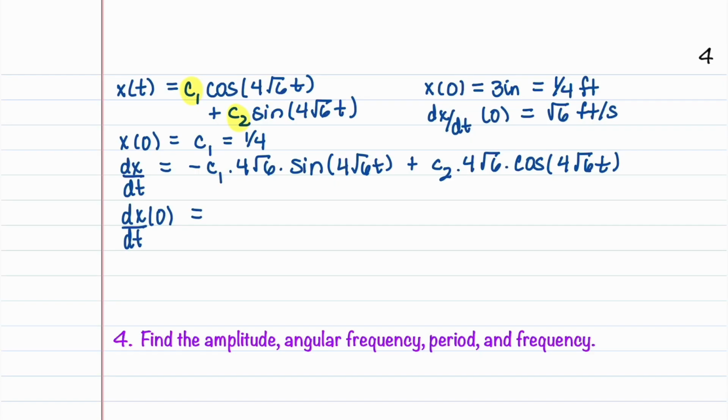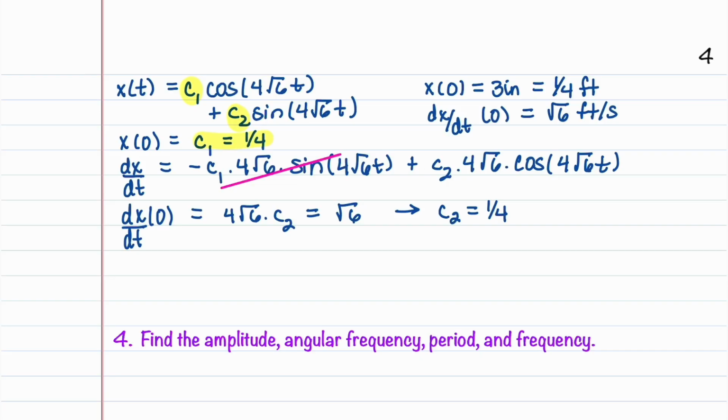Sine of 0 is 0, so that goes away. Cosine of 0 is 1, so we have 4 root 6 times c2, and we're going to set that equal to our initial velocity, which is square root of 6. From this, we get that c2 is equal to 1/4.